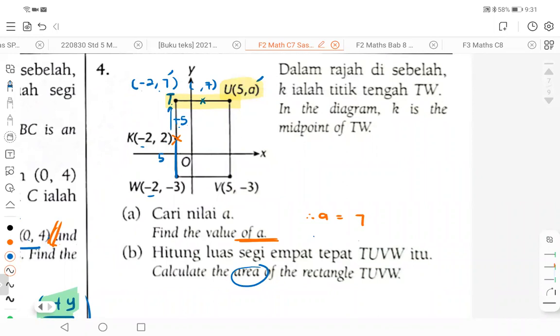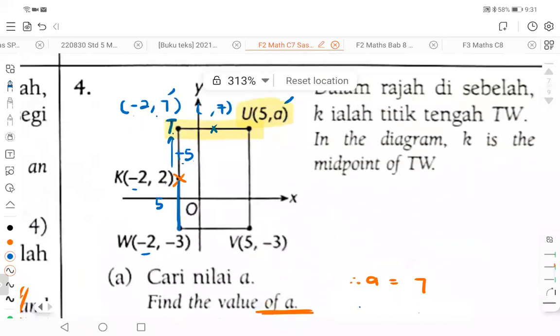Next B: find the area of the rectangle TUVW. Area means length times width. Just now we found T to W is 5 plus 5, 10 units. So the length of TKW is 10 units. And then what about WV?